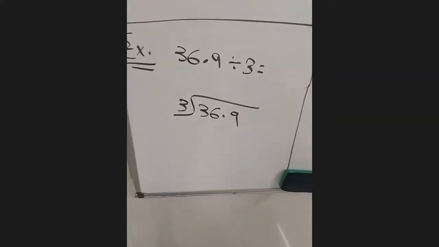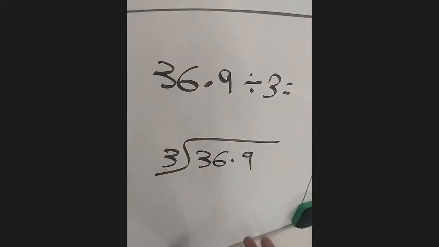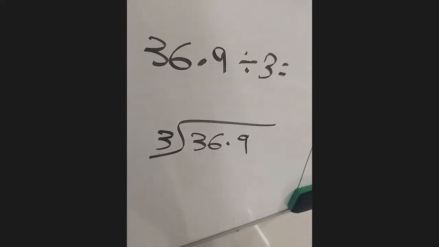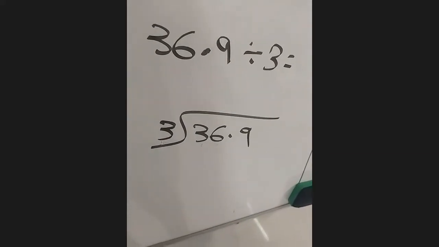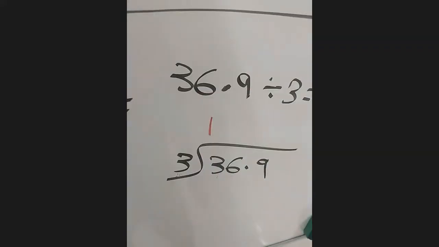We are not multiplying here, we are dividing here. 3 divided by 3, how much? 1, not 9, okay? So it is 1. We put 1 here.